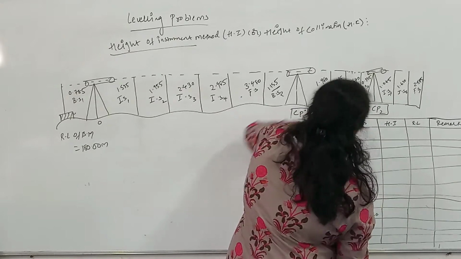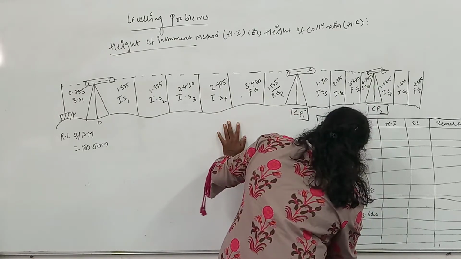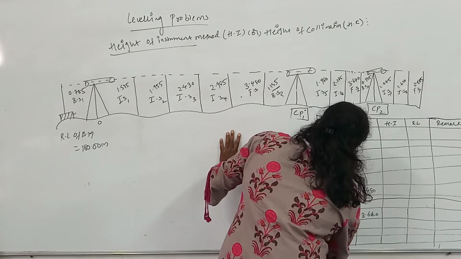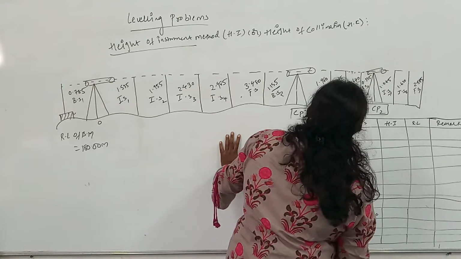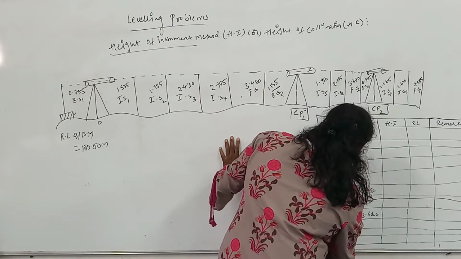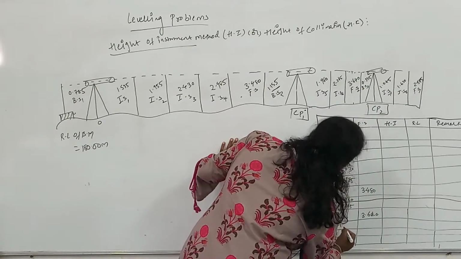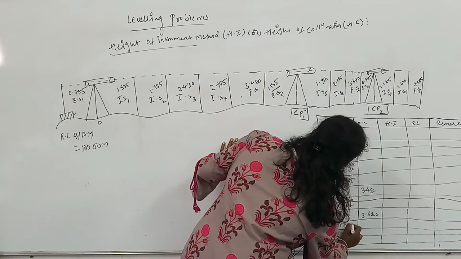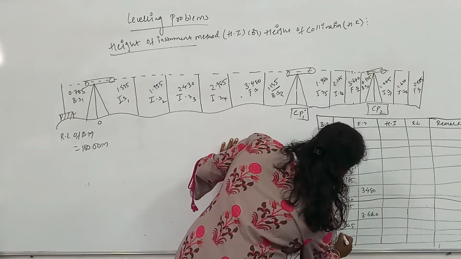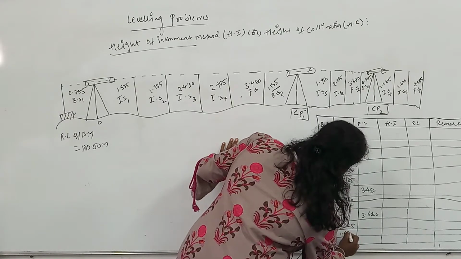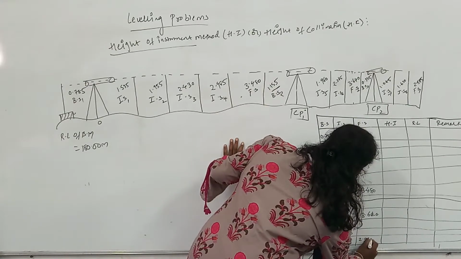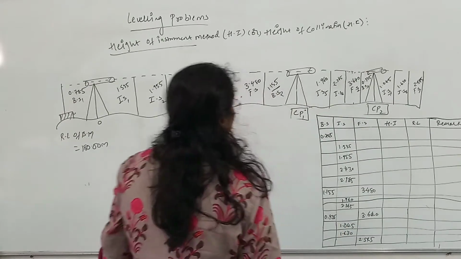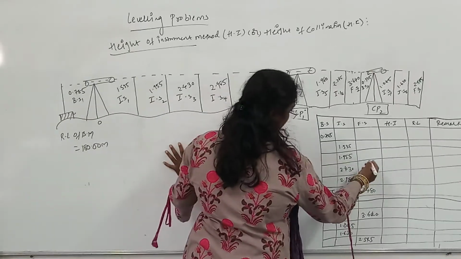Next backside reading we have to place in the same row, 0.935. Next intermediate side value 1.045. Next 1.630. The last value is 2.545.